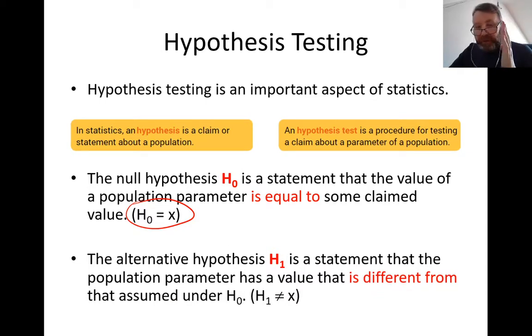The alternative hypothesis, H1, is a statement that is different from the value that you assumed. So in other words, H0, the null hypothesis, is always equal to the value. H1, the alternative hypothesis, is not equal to that value.